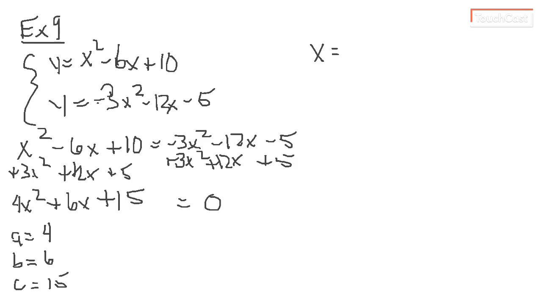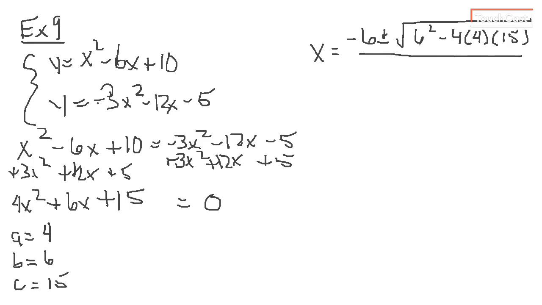So, as a reminder, we take negative b, so in this case negative 6, plus or minus the square root of b squared, so 6 squared, minus 4 times a, in this case 4, times c, which in this case is 15, and we divide all of that by 2 times a, in this case that's 4.